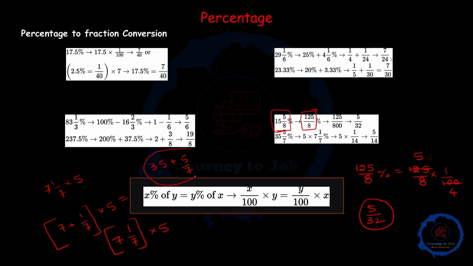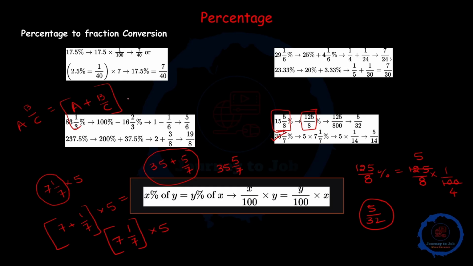Now convert this into mixed fraction. 35 5 by 7, what is given here. Okay, actually I explained this basic thing, how we calculate mixed fraction. Actually a b by c means a plus this fraction part b by c.